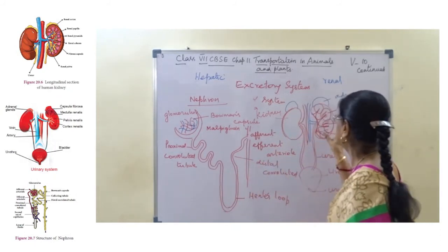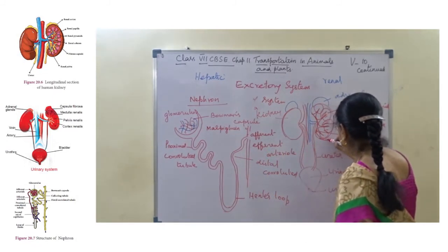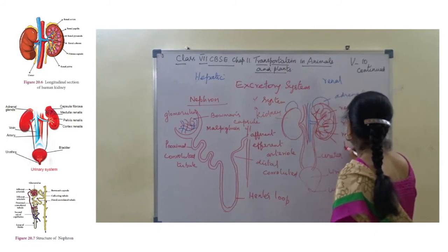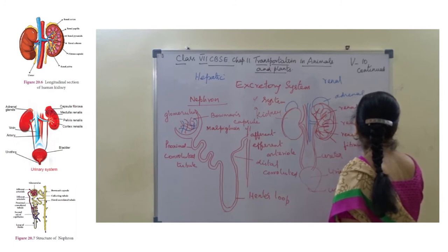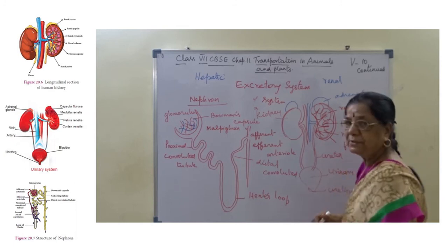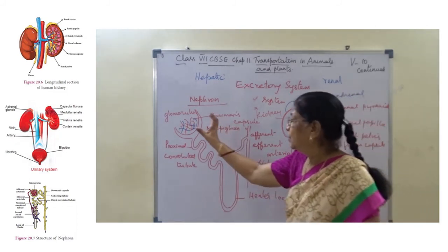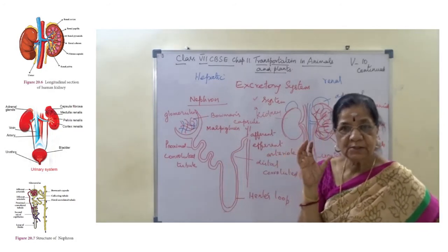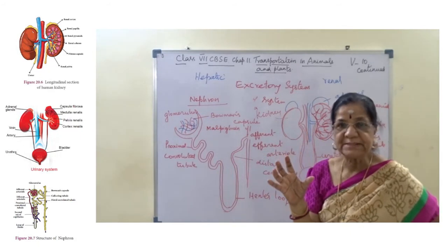As I said, the kidney is formed of outer cortex and inner medulla. So this is the fibrous capsule. The outer cortex is lined by the fibrous capsule. In the renal cortex portion of the kidney, Bowman's capsule will be present.